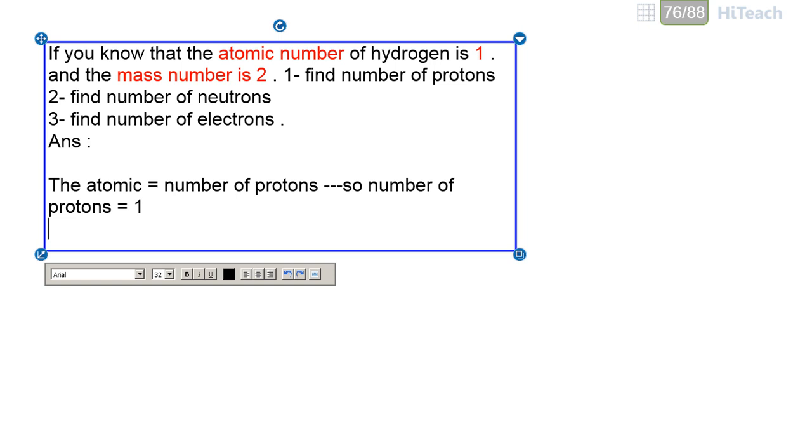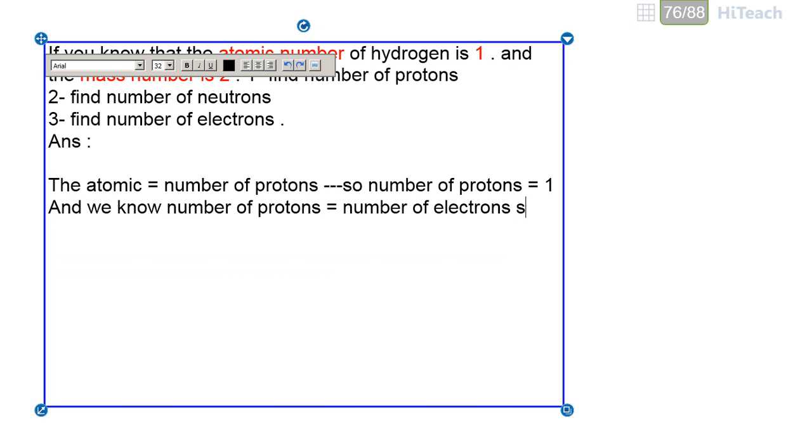The second thing, we know the number of protons equals the number of electrons. So the number of electrons: how much? 1, equals 1. So we solved number 3 and we solved number 1, right?